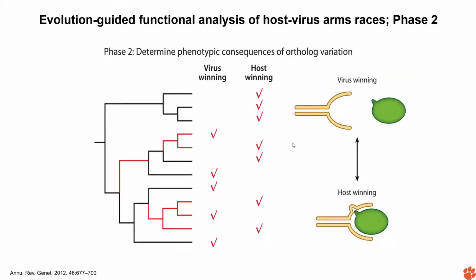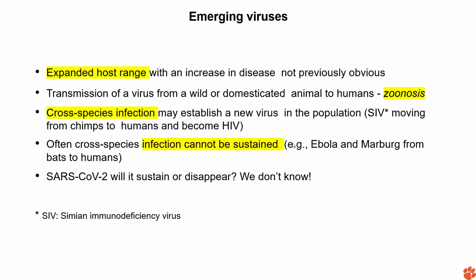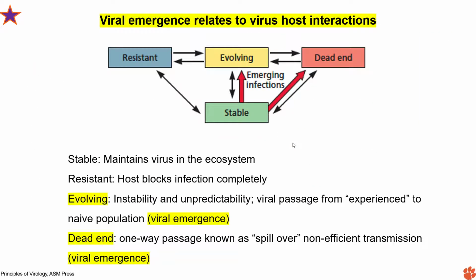All right. So here is a very simple slide. There is nothing specific, just know the definitions of these different types of viruses that we talk about. For example, what kind of viral host interaction is observed when the virus is jumping from a group of experienced hosts to a naive host right here.